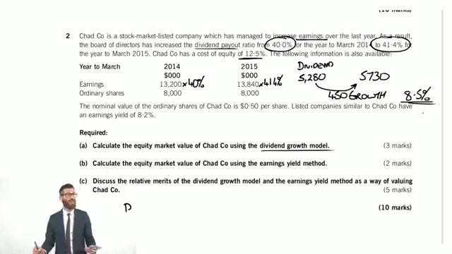Okay, the growth here was not 1.4% as some candidates assumed, because 40 to 41.4. You had to calculate the dividend. In 2014 it was 5280. In 2015 it was 5730, meaning that it's increased by 450,000, which is growth of 8.5%.